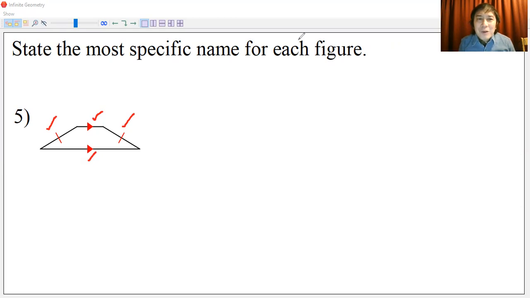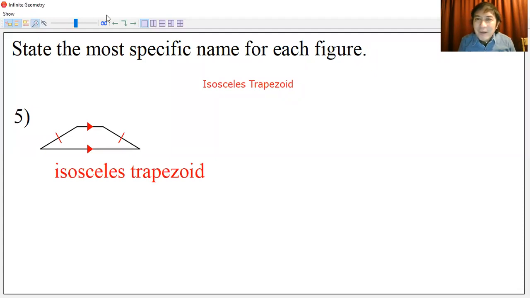So this must be isosceles trapezoid. So we will choose the answer isosceles trapezoid. Let's check and verify. It's isosceles trapezoid.